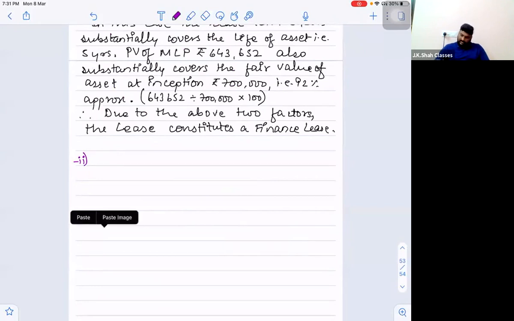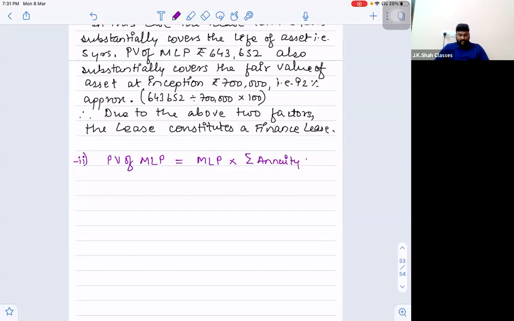See, present value of MLP, how do I calculate this? I simply multiply MLP with the sum of annuity factors. Annuity factor is nothing but the discounting rates. Therefore, MLP will be equal to the present value of MLP divided by the sum of annuity factors.